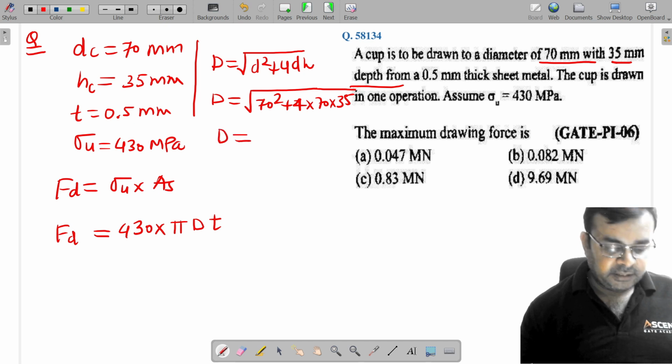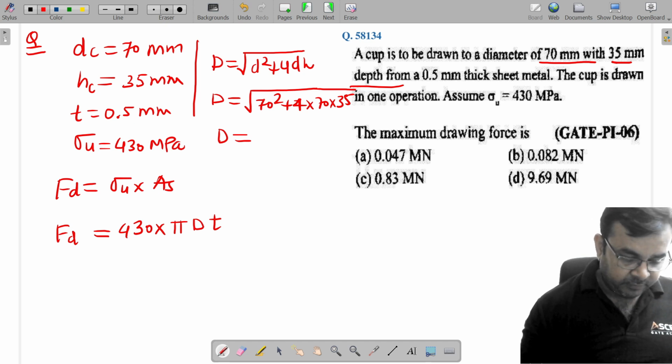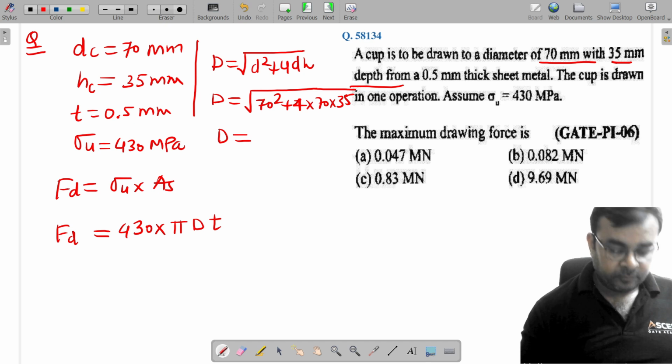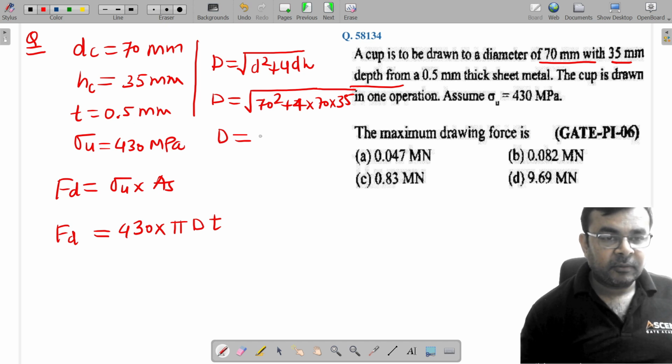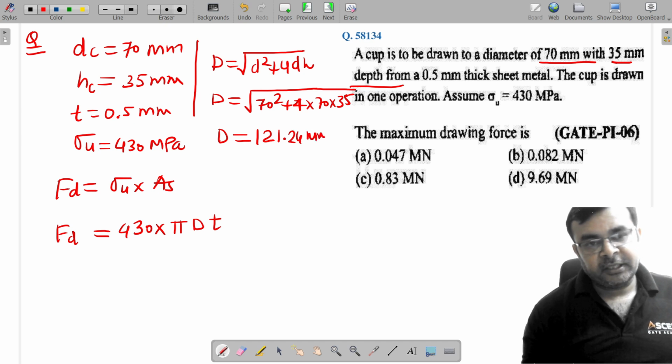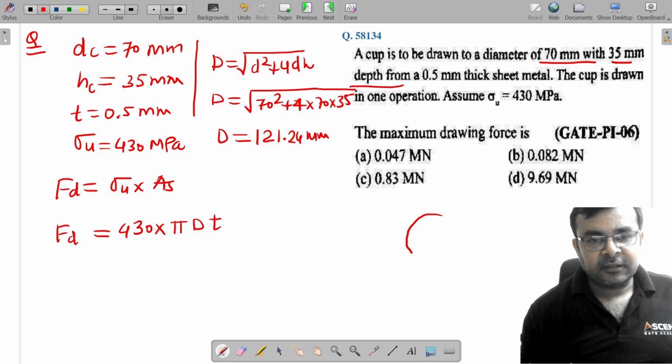So simply here we get the diameter of the blank is nothing but 121.24 millimeter. So you see this is a blank on which you need to apply a force through a punch.